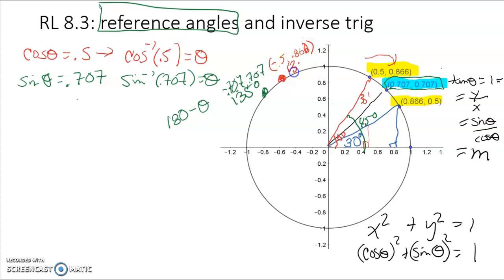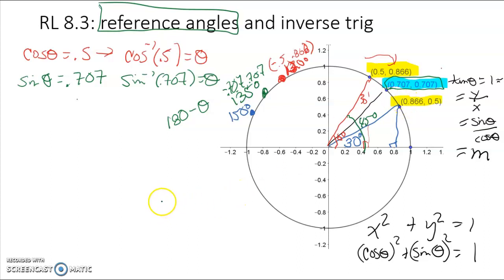We'll look at our blue one. It's a 30-degree reference angle. That's going to put us right here at negative 0.866, 0.5, and 180 minus 30 is going to be 150 degrees.